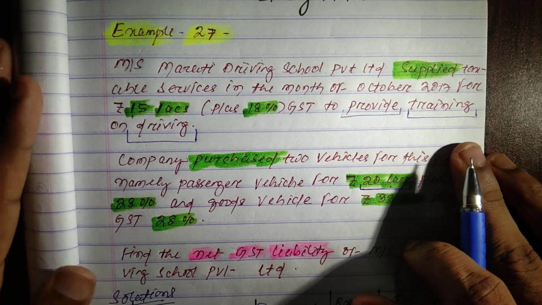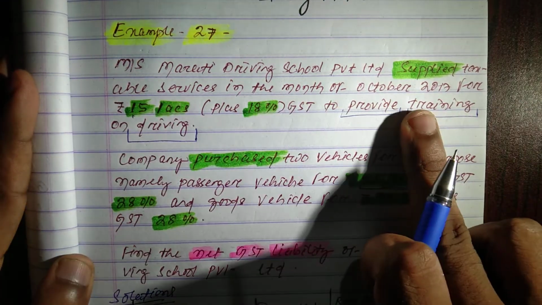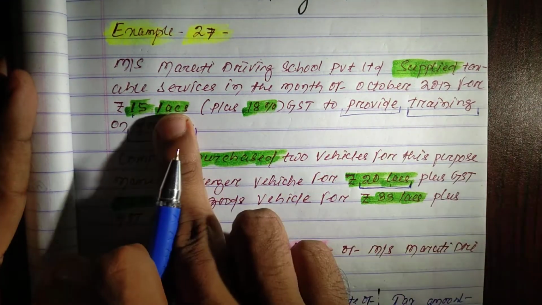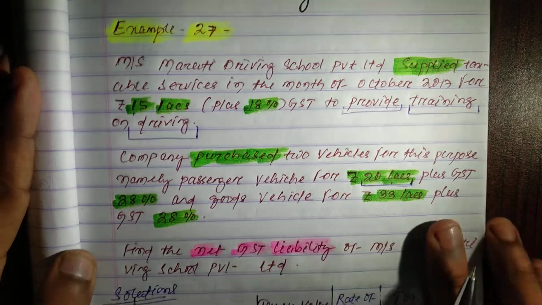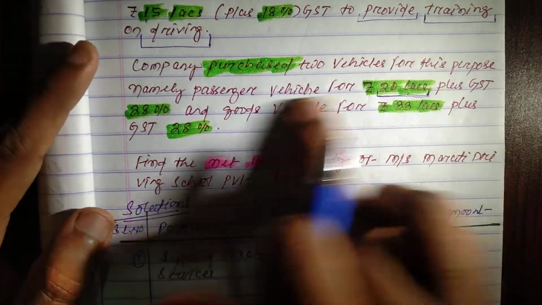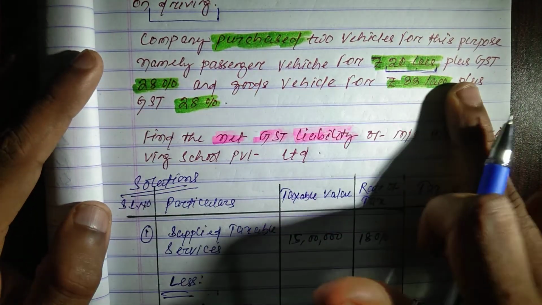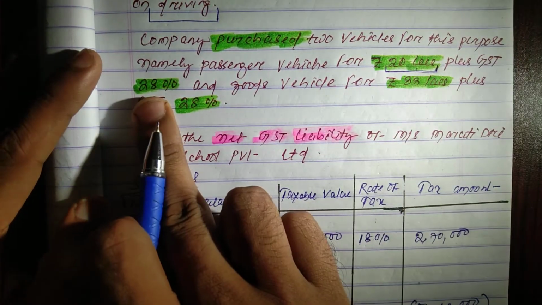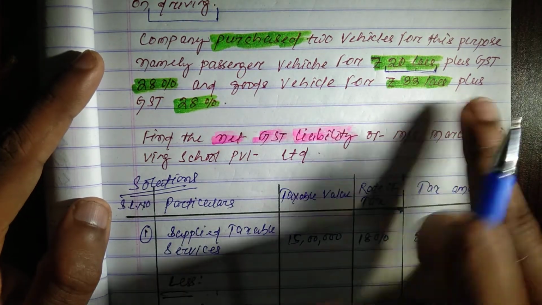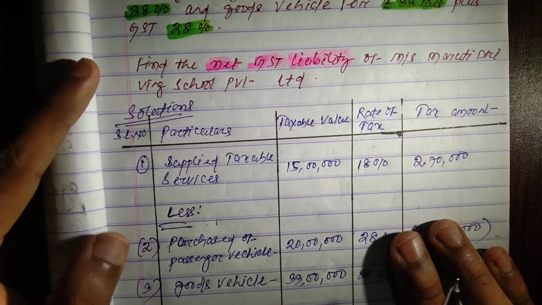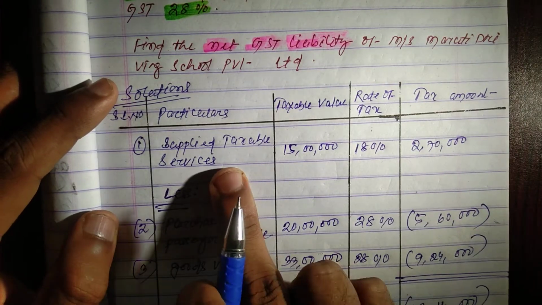So as per the question, Maruti Driving School Private Limited supplied taxable services in the month of October 2017 for 15 lakh plus 18% GST to provide training on driving, right? And also purchased 2 vehicles for this purpose, namely one is passenger vehicles 20 lakhs plus 28% GST and goods vehicle for 33 lakhs plus 28% GST. Now we have calculated in this way.